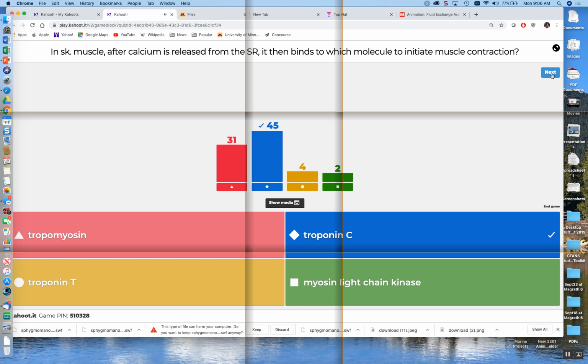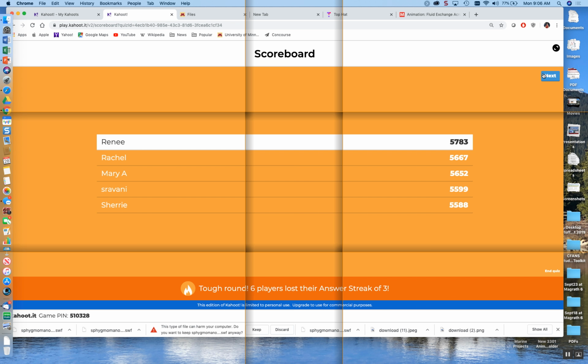All right, ooh, a little tougher. It is troponin C. Good job. Remember, the C is for calcium, right? Calcium binds to troponin C. And then it moves the tropomyosin out of the way, revealing the actin and myosin binding sites. All right. Renee's still on top.